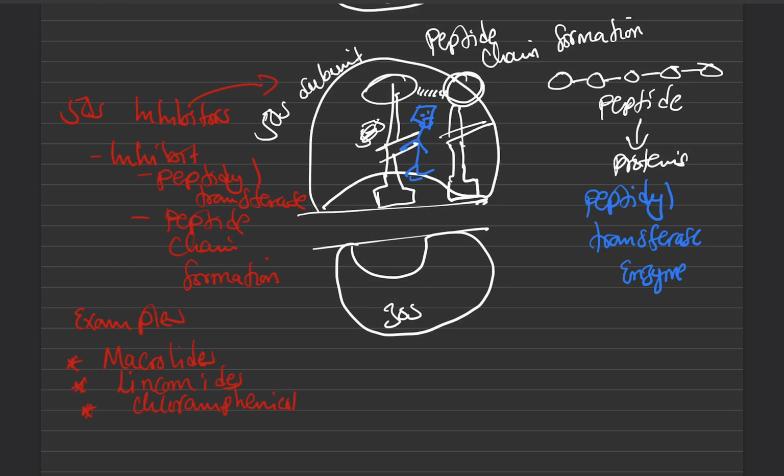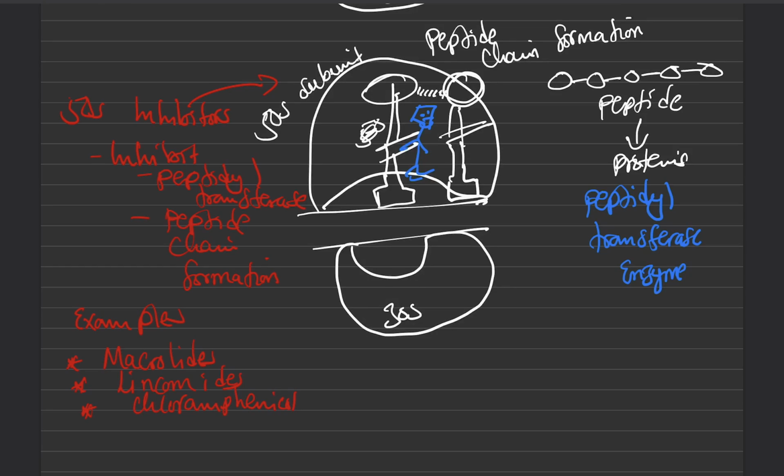What's the role of the smaller 30S? Because there's messenger RNA here bearing the necessary coding, 30S must check that the transfer RNA that has come here has the correct anticodon, so that the protein that is synthesized eventually after formation of these peptide bonds is the correct one.